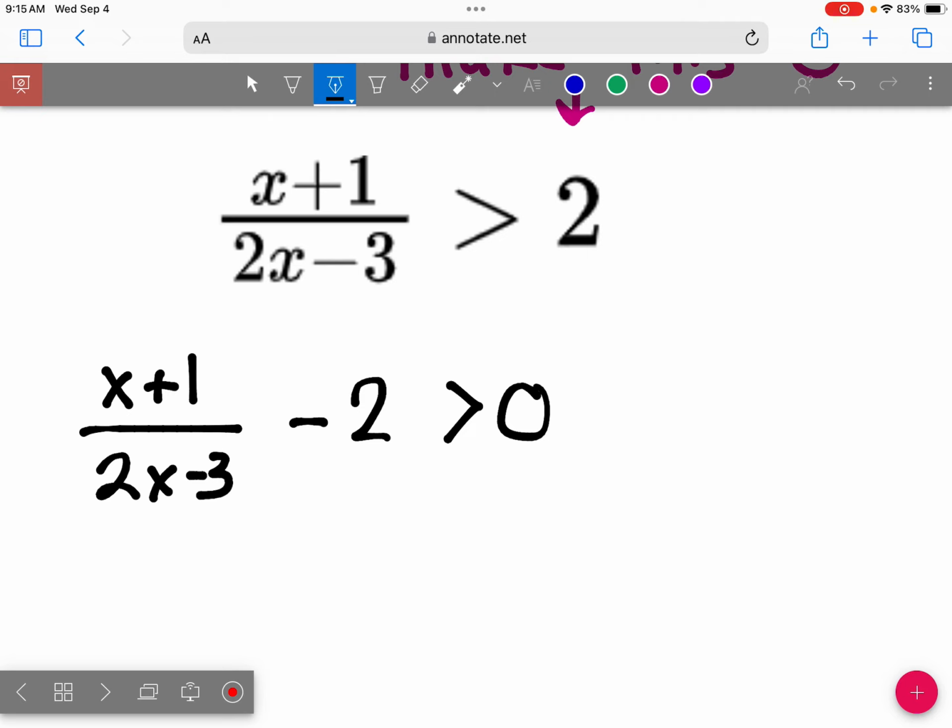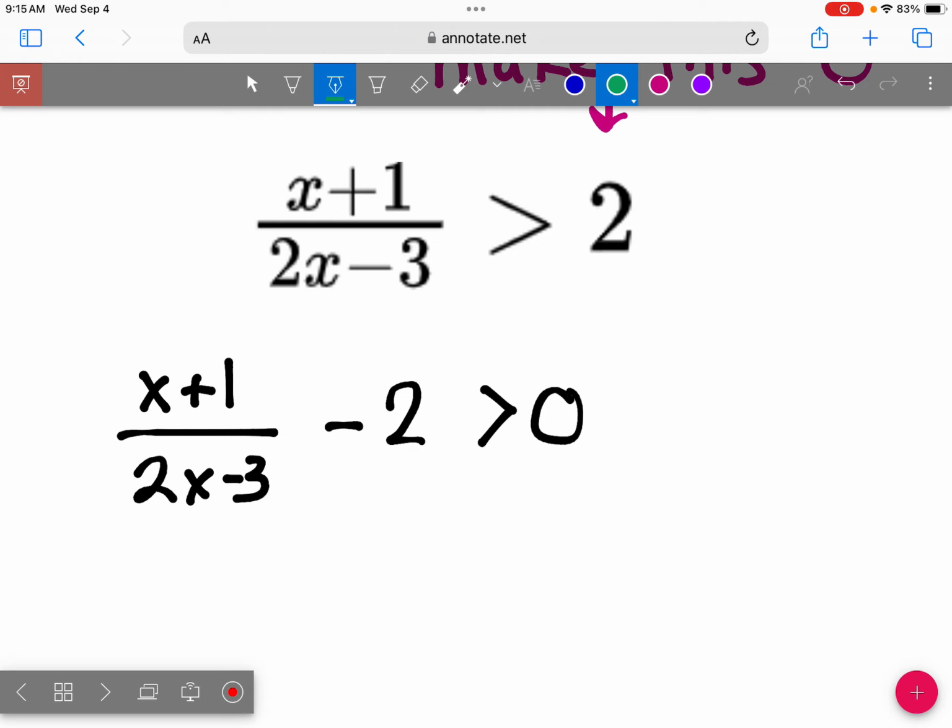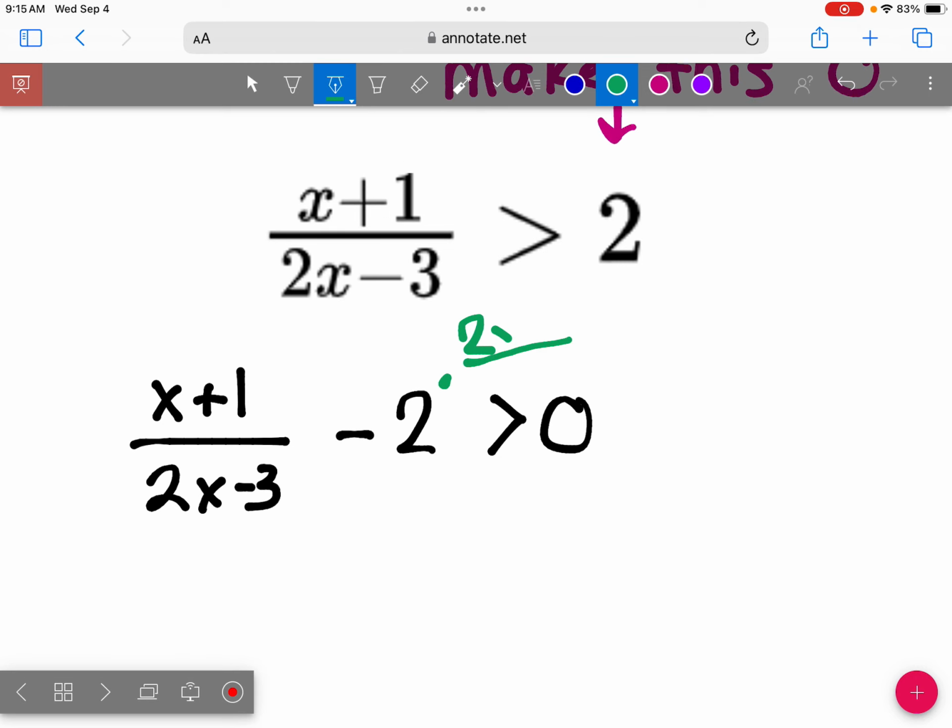So I need to multiply my 2 by what? Times the fraction of 2x minus 3 over 2x minus 3. I need it to have a common denominator. So we're multiplying it by a funky looking 1.